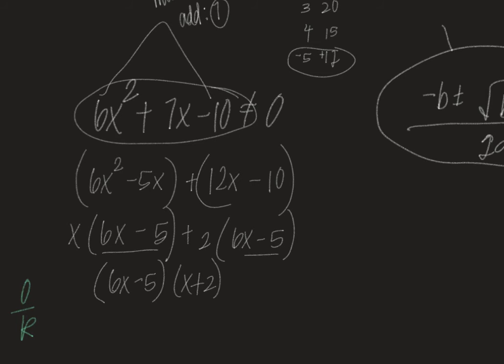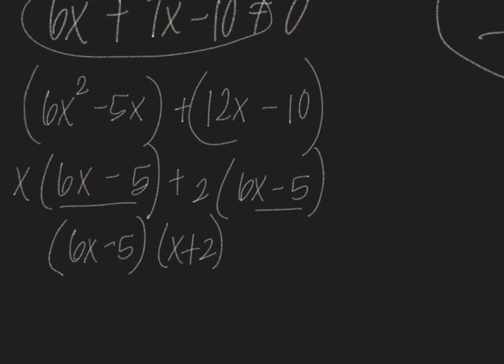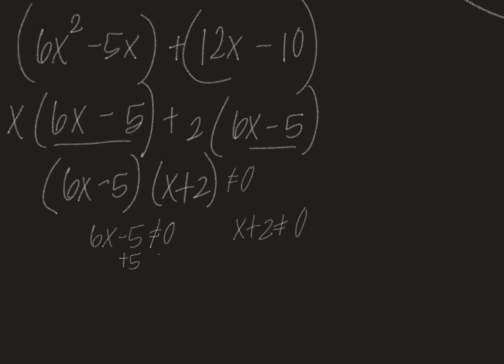So now we're fully factored, and you set each factor not equal to 0. So 6x minus 5 does not equal 0, and x plus 2 does not equal 0, which really means you add 5 to both sides to get 5 does not equal 6x, and then divide both sides by 6. So x cannot equal 5 over 6, and x cannot equal negative 2.